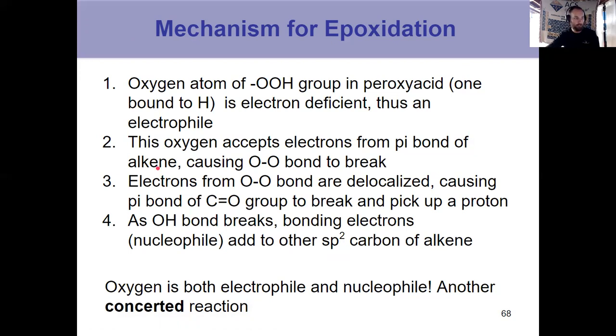Those electrons are delocalized, which causes another pi bond from our carbonyl, the C double bond O, to break and pick up a proton. And then as our OH bond breaks, the bonding electrons add to the other sp2 carbon of the alkene.